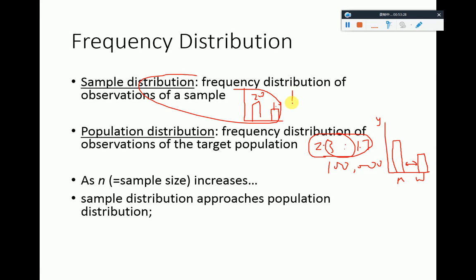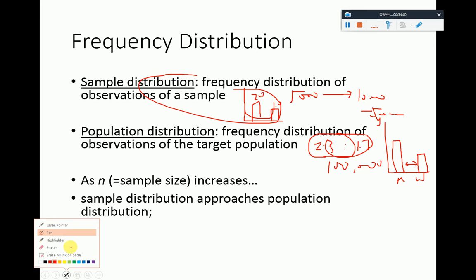If we only sample, let's say, 5,000 individuals from these 100,000, then the sample ratio will be kind of similar, but will always deviate from the population distribution. But here we're saying that as we increase the sample size from 5,000 to 10,000 to 50,000, this ratio will become more and more similar to this ratio.